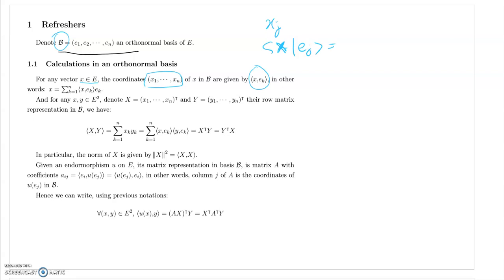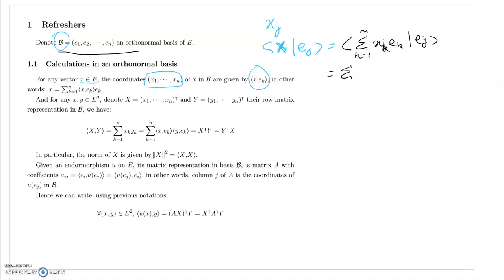Let's just expand that using the usual property of the inner product, and you must be very good at that after last week's homework. So I'm doing the sum of xk ek, let me take another index, with ej, for k equal to 1 to n, and you know how to expand that by linearity.